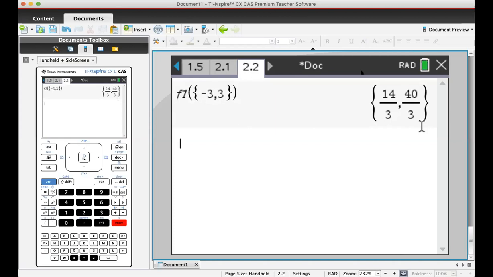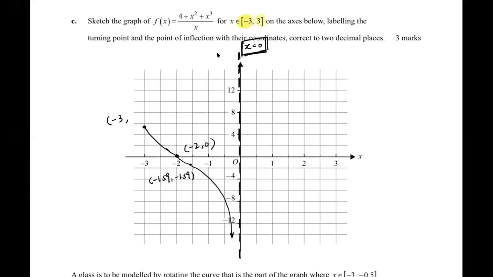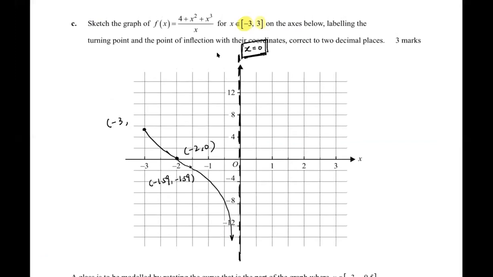Where is my iPad? Let's have a look. Okay, we are back. 14 on 3, but in this case, you don't need to label them because the question did not ask you to label them. And you have 1.11, should be roughly here. 1.11, 5.95.